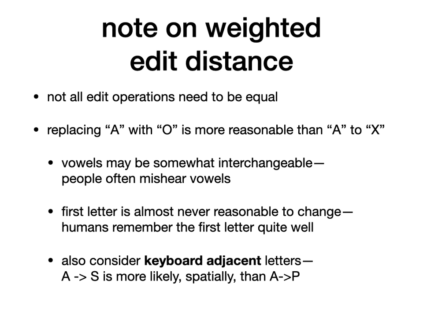So another interesting wrinkle in the edit distance idea is that you don't necessarily need all of your edits to be weighed the same, right? It seems maybe like it should cost a little less to replace an A with an O. They're both vowel sounds. An A to an X, well, an X is one of the hardest, most complex consonants.